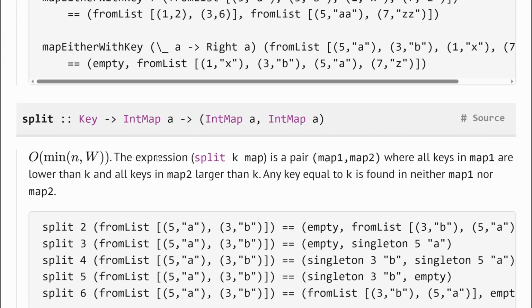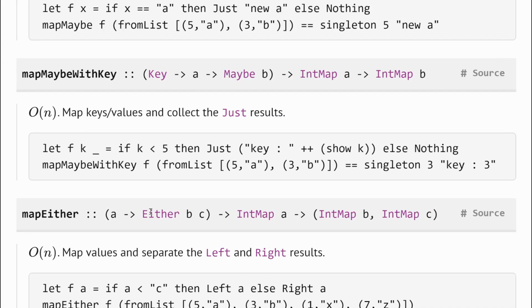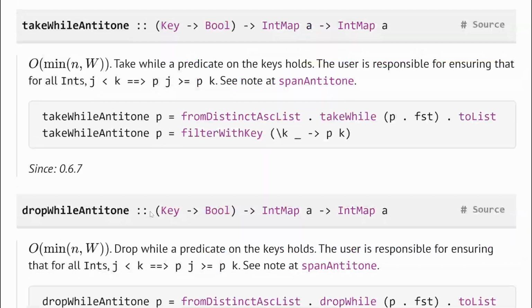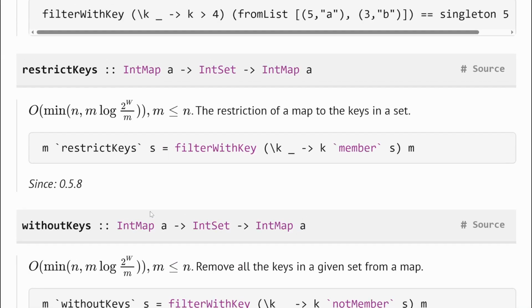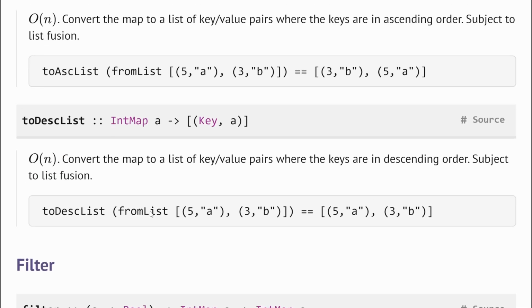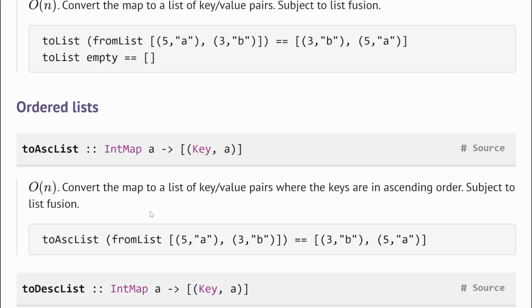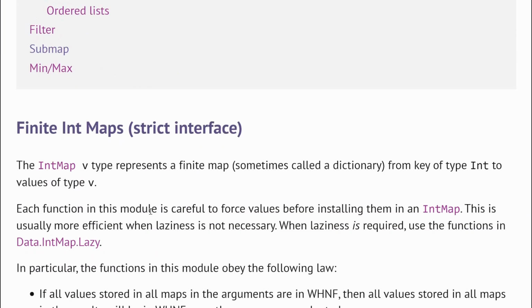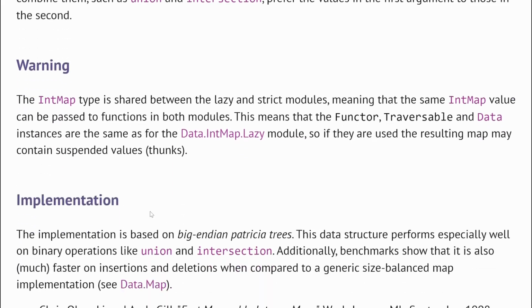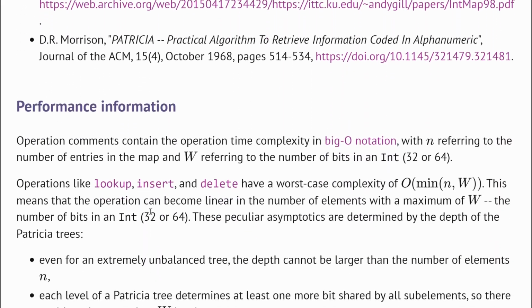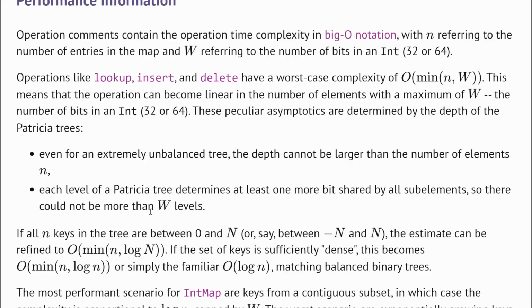What is W? It'll be mentioned here somewhere. The number of bits in an int. Okay, sure.